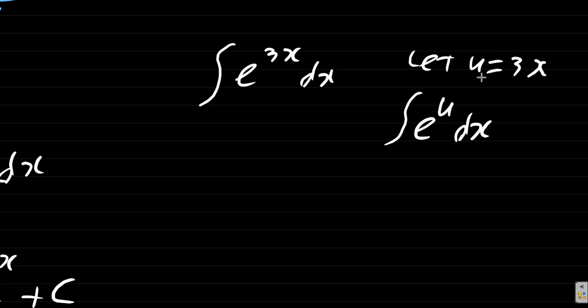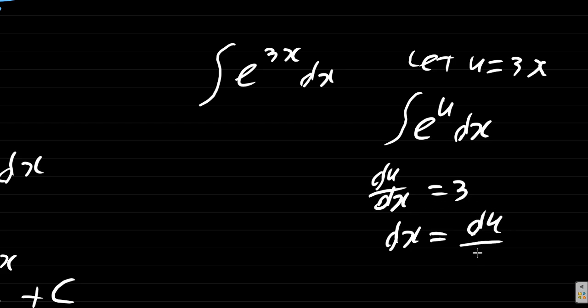Now, u is 3x. Let's say you have du by dx is equal to 3. You want dx. So dx is equal to du over 3. If you multiply both sides by dx and divide both sides by 3, you're treating du by dx as a fraction. So dx is du over 3.